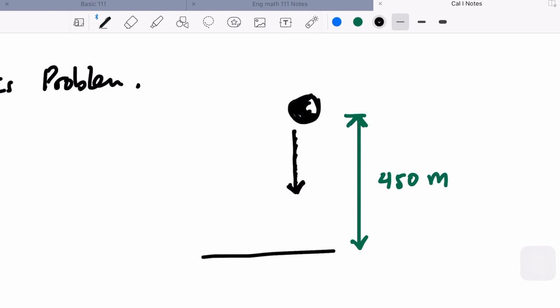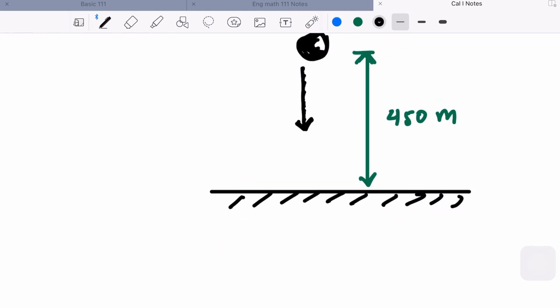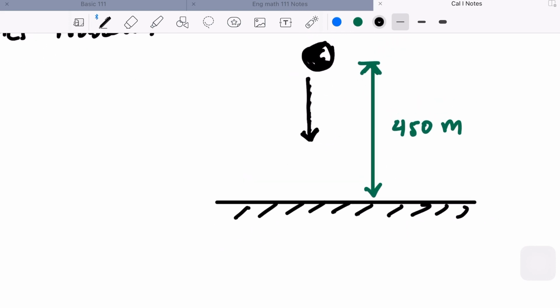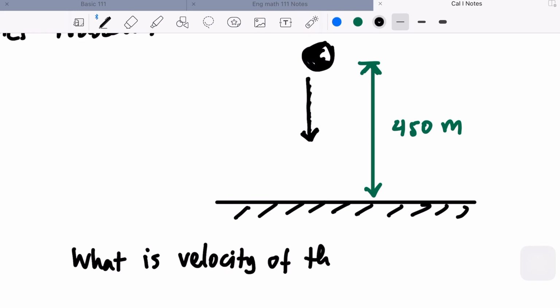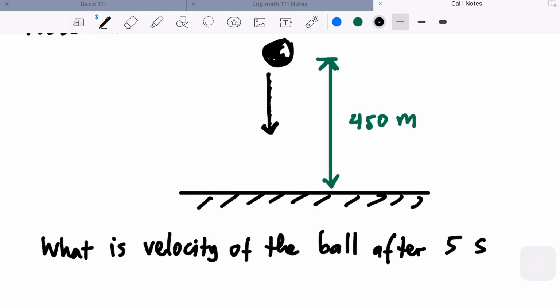This is the ground. The question is asking: what is the velocity of the ball after 5 seconds?